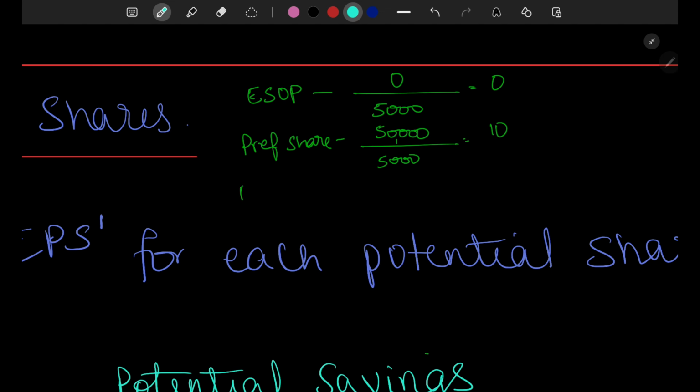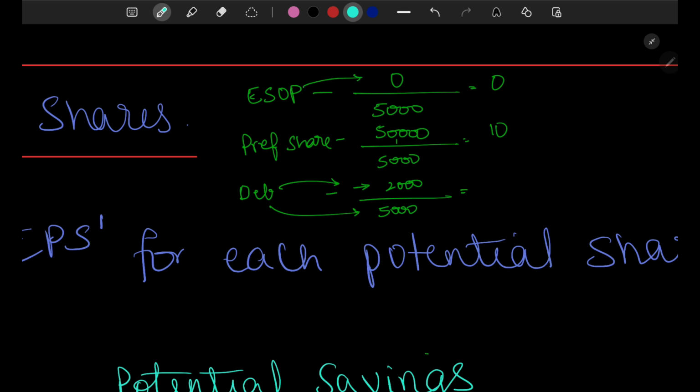And then we'll just assume there are debentures also. Debentures have potential savings of, let's just say, only 2,000 rupees every year, and 5,000 potential equity shares. So what will that come to? 2,000 divided by 5,000. Same thing for each particular potential conversion, right?